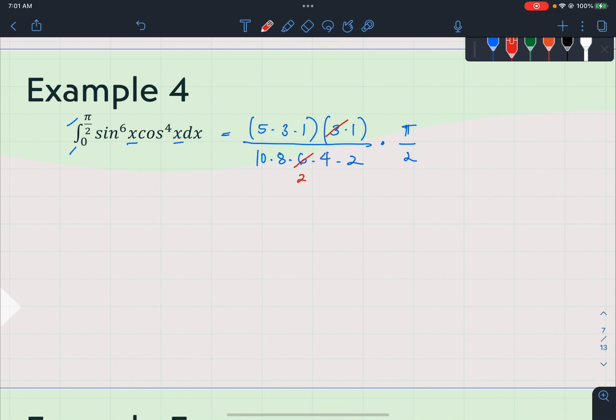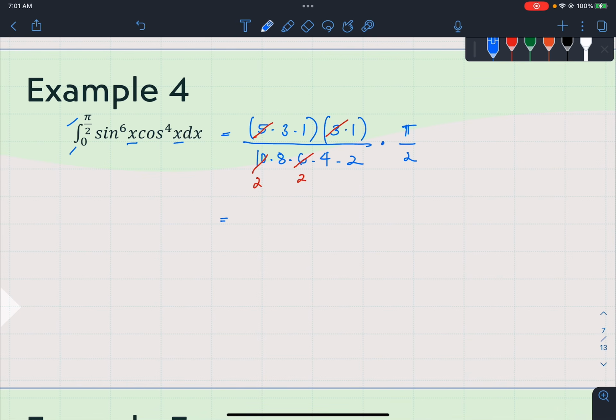So 6 divided by 3 is 2. What else? A 5 and a 10. 10 divided by 5 is 2. And then nothing is divisible by 3. So 2, 8, 2, 4, 2, 2. There's none.